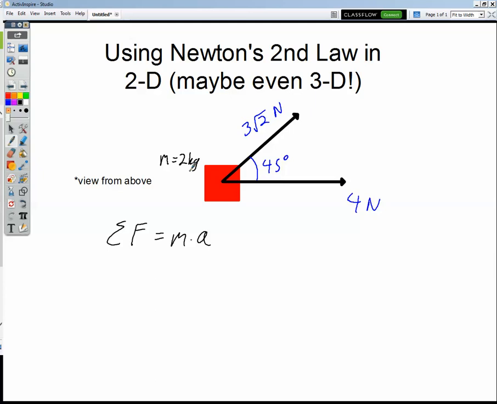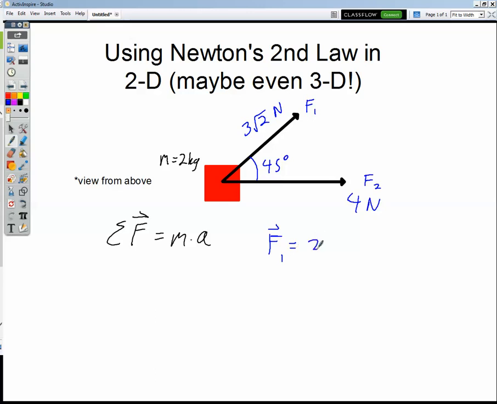So we need to add up these forces because this sum is a vector sum, all right? And it's easiest to do that if we've got the two forces in component form. So let's call this one F1 and this one F2. The component form of F1 is, this is a 45-45-90 triangle, so since the hypotenuse is 3 root 2, both legs are going to be 3.